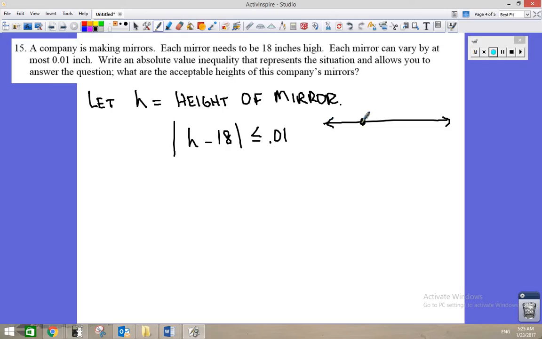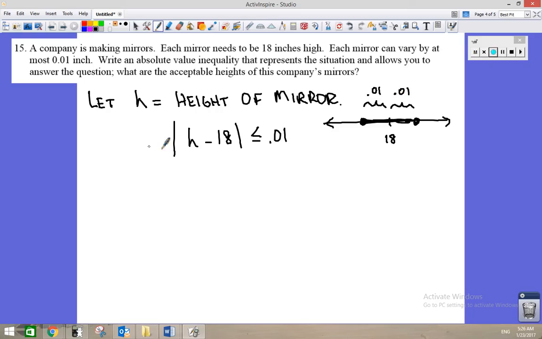So I don't know the endpoints on this number line, but I do know that the middle value here is going to be 18, and that I'm going to be really close to that 18, within 0.01 inches of it.